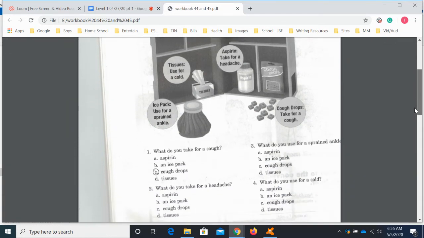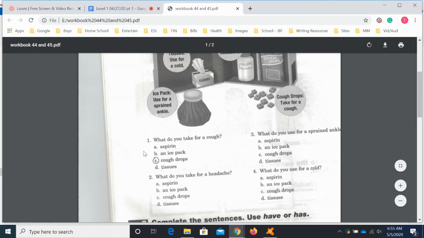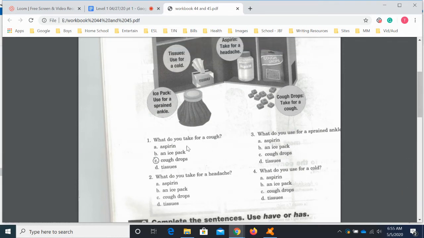So let's look at the questions. Number 1 is already done for you. Repeat after me. What do you take for a cough? And your choices are aspirin, an ice pack, cough drops, tissues? Well, the answer they already gave you here is cough drops.